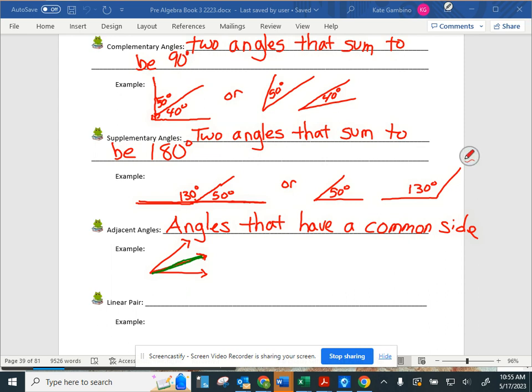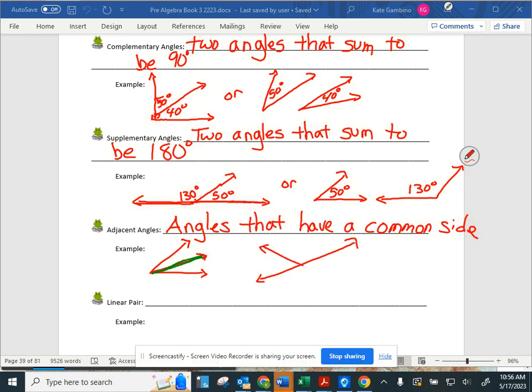And I made a mistake, I forgot to put my arrows. When we are working with angles, those lines go on. So we should always have our arrows. So it could be like this.